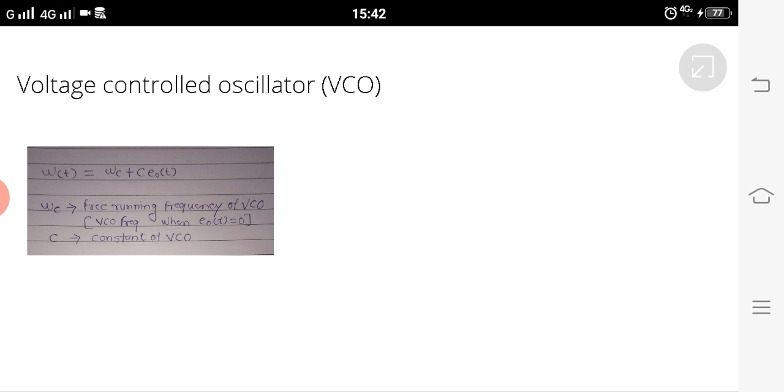In a VCO, the oscillation frequency varies linearly with the input voltage. Now let's say the VCO input voltage is E naught of t.